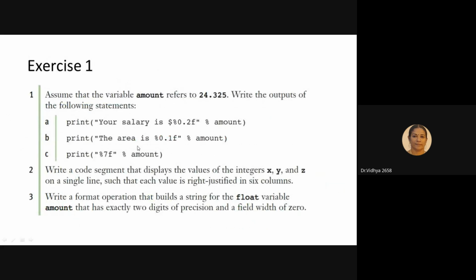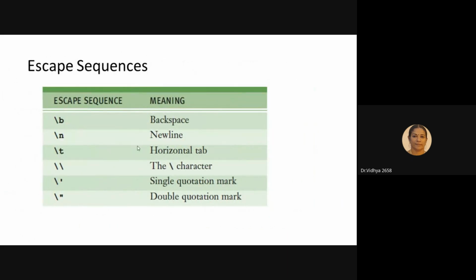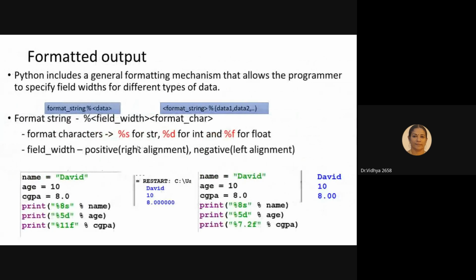So look at this example. It is clearly given: name equal to David, age equal to 10, CGPA equal to 8.0.